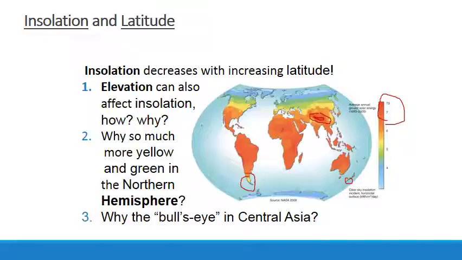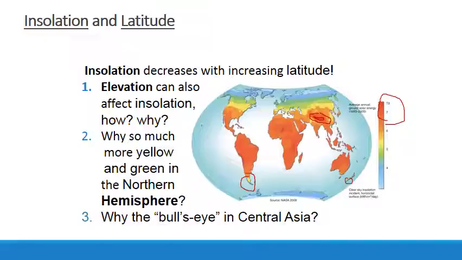A hint is in these bullets on the slide. Elevation can also affect insolation. So if we have very tall mountains that reach to the top of the troposphere, we are above the vast majority of air molecules in the atmosphere.